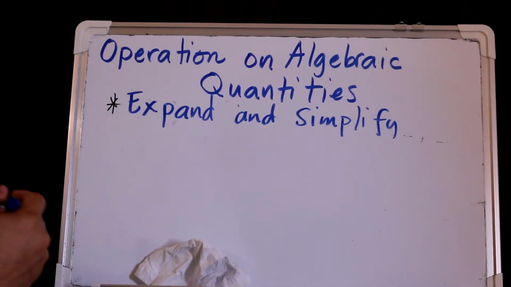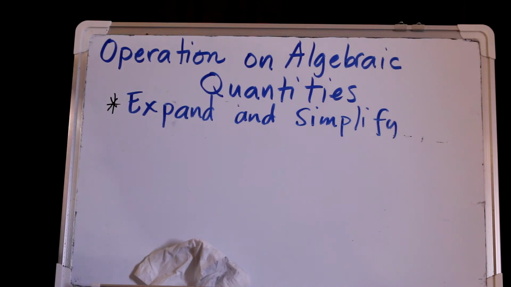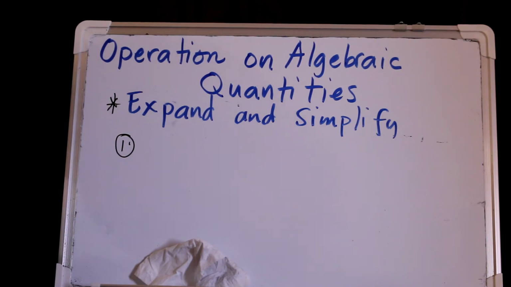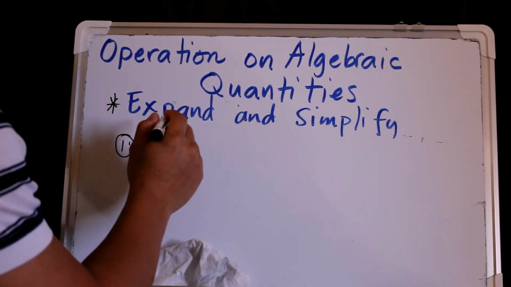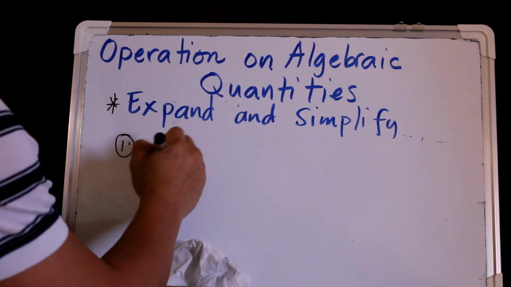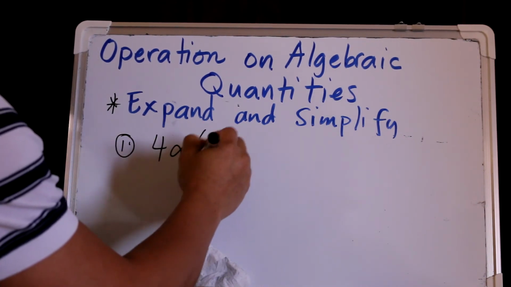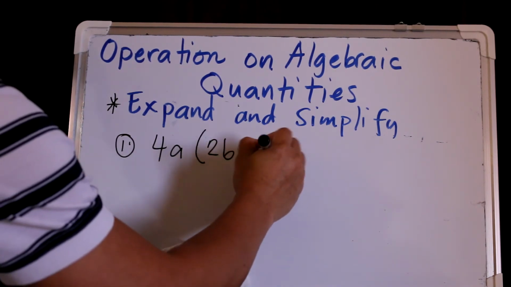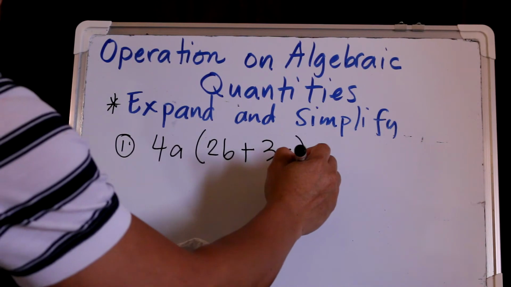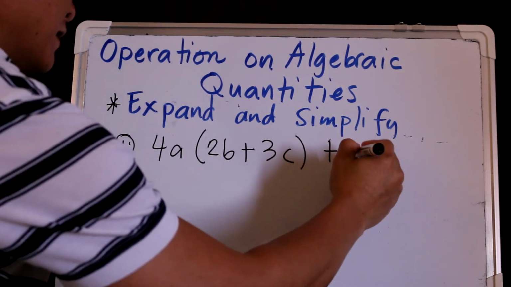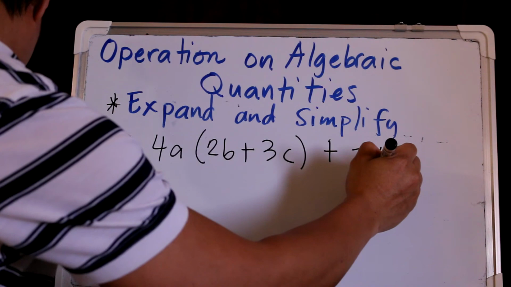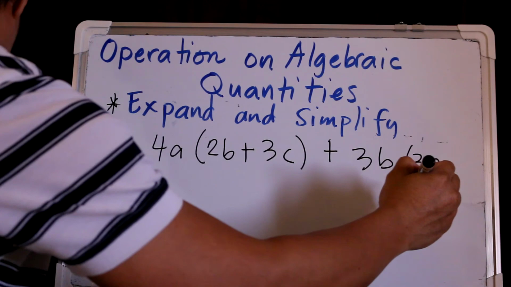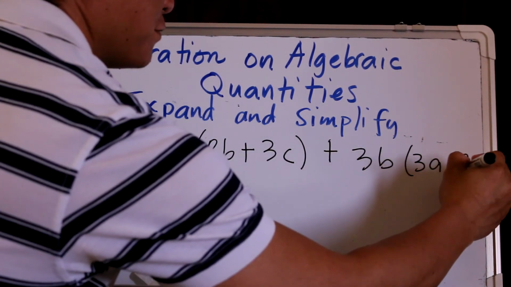Okay, so we are combining both, and we have number 1. For example, we have 4a being multiplied to 2b plus 3c, plus 3b, 3a, plus 2c.